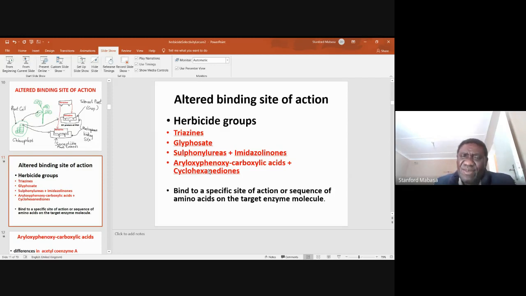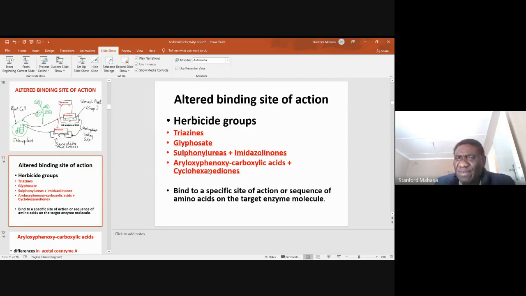Probably you need to understand that an enzyme is a protein, and a protein is made up of amino acids. And these amino acids form a certain structure, and it is this structure which may be compatible with herbicides, or it may not be compatible with herbicides.